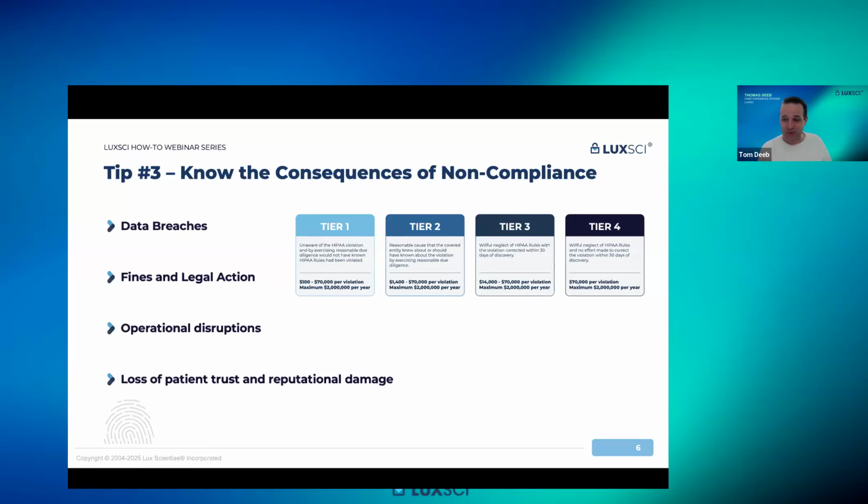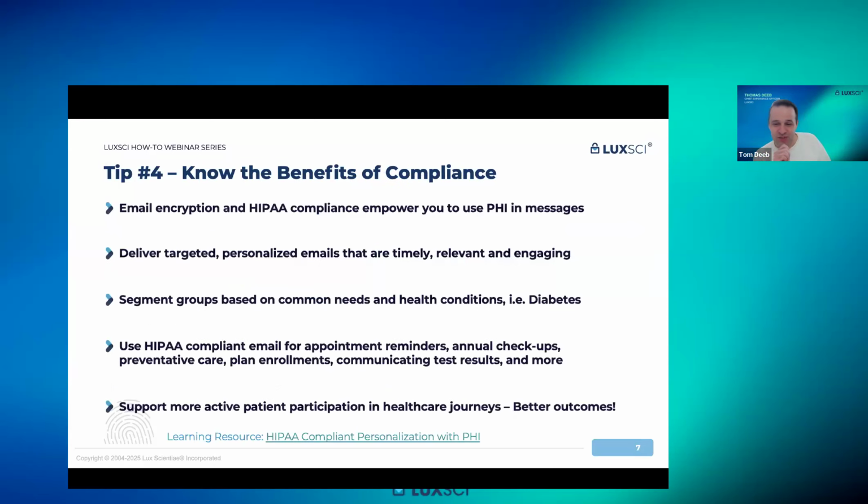But as you take that into account, right, it's very important for you to consider what you can do when you are being compliant, right? There are a ton of benefits that come along with working with compliant solutions and having those tight compliance programs, right? When we think about email in particular, right, there's email encryption and all of that, right?